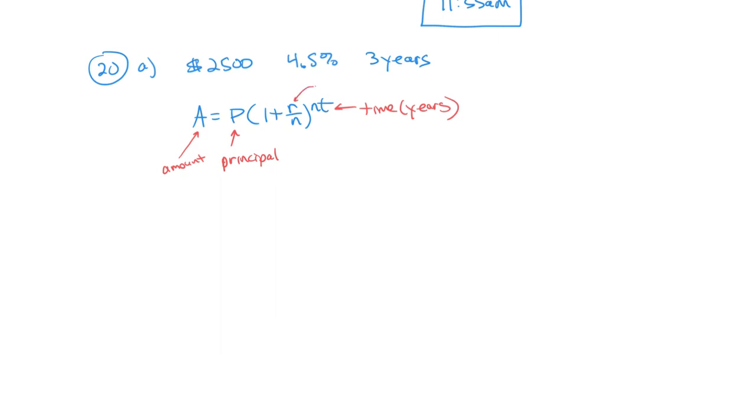r is the rate, always as a decimal. So although we'll say 4.5%, we're not going to put 4.5 in there. We have to put 0.045 in the formula. The formula always gets a decimal. And then n is the number of compounding periods per year.